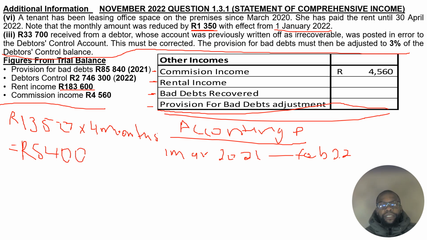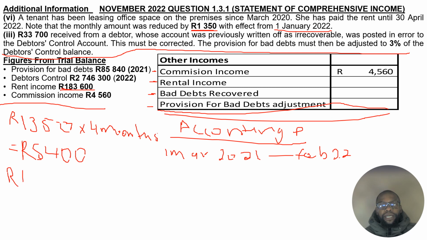I'm sorry if I said it's an increase, it's a decrease. From January to April, it's 5,400. So we need to add back that decrease to the original amount we are given there.